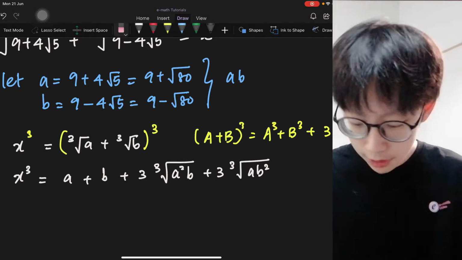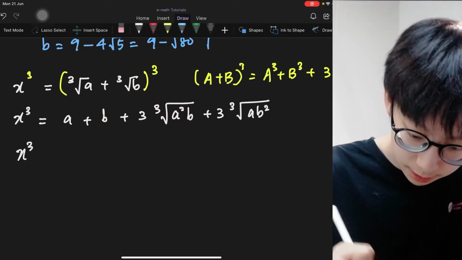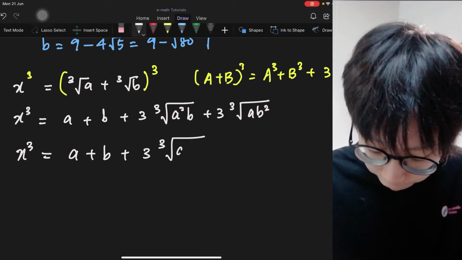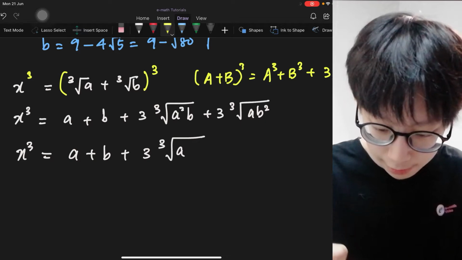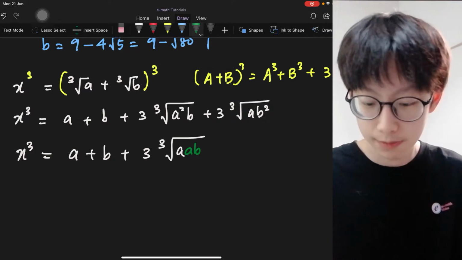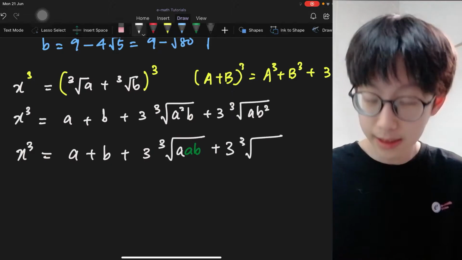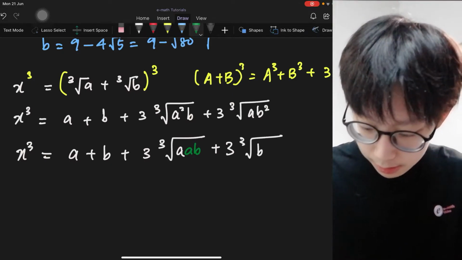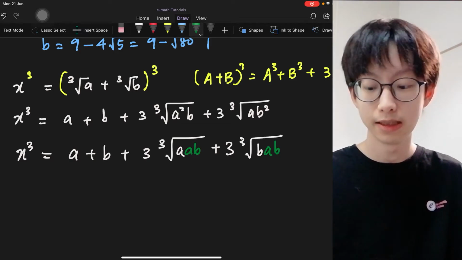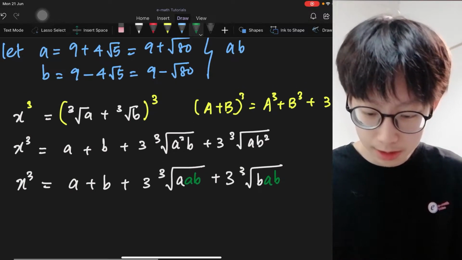Let me write one more step for you. x cubed equals a plus b plus 3 times the cube root of, you factor out an a, then you have ab left: a times a is a squared, times b is a squared b. Plus 3 times the cube root of, this time you factor out a b and ab: b times b is b squared, times a is ab squared. I forgot to compute the value of ab just now, but never mind.